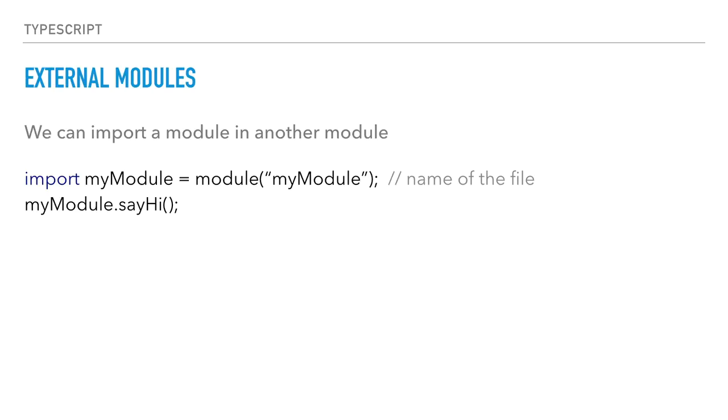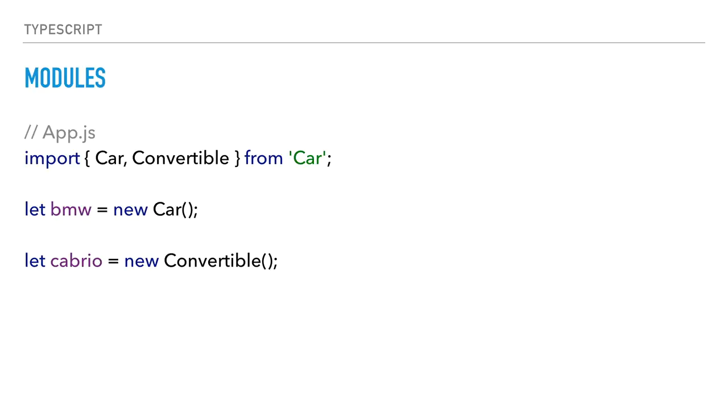That means we can rename the left my module to a different name, and this way it doesn't collide with the other variable that we call my module. Okay, and after that we can call any function or variable that is exported from the module.